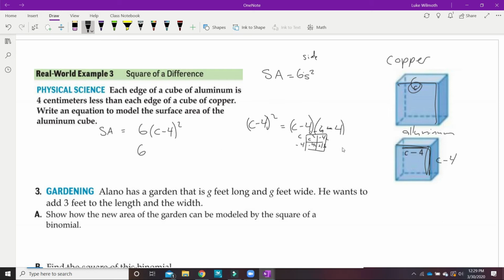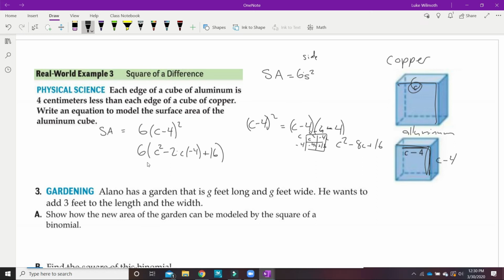You can do it that way. That gives you c squared minus 8c plus 16. Or you use the formula where you just say square the first term, multiply the next two terms, and multiply it by 2. So 2 times c times negative 4. And then square the last term, which will be plus 16.